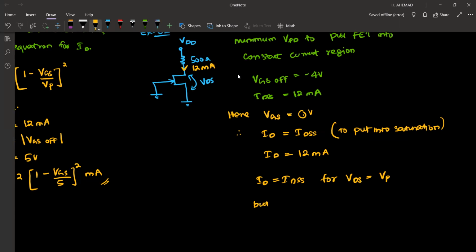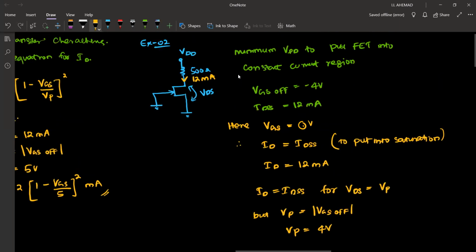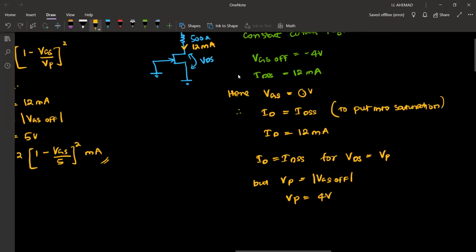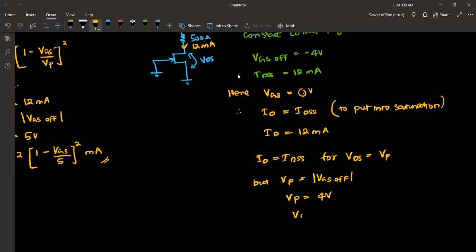But VP is equal to the modulus of VGS off. Therefore, VP is equal to 4 volt, and VDS is equal to 4 volt. Are these two clear?